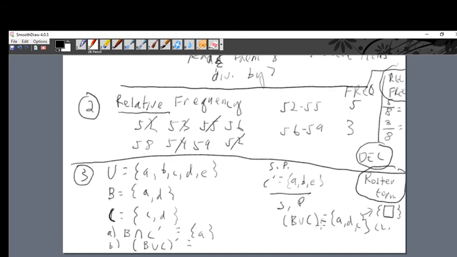There's B union C. Now, what's B union C prime? It's everything in the universal set except A, D, and C. A is out, D is out, and C is out. What's left? B and E. Here's the answer: B and E for B union C prime.